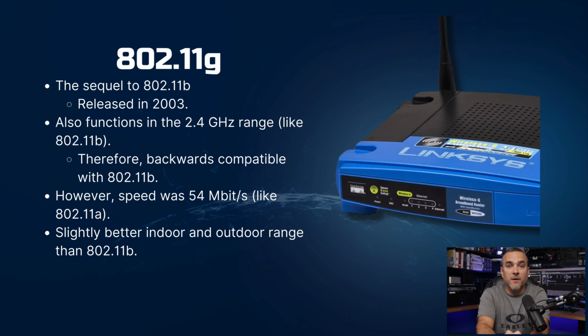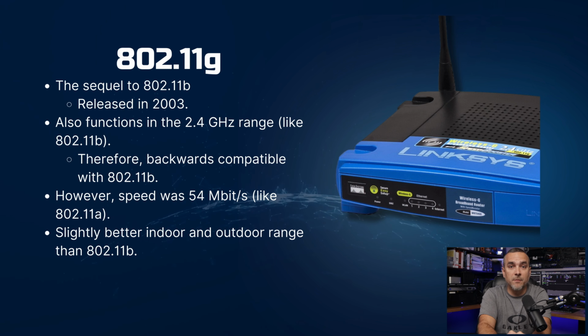One of the first upgrades available to these 802.11b networks was the 802.11g standard. This was released in 2003, and just like 802.11b, 802.11g also operated on the 2.4 GHz range. This was great for anyone using 802.11b because it increased the speed on the G standard to 54 megabits per second, matching that of the 802.11a standard.